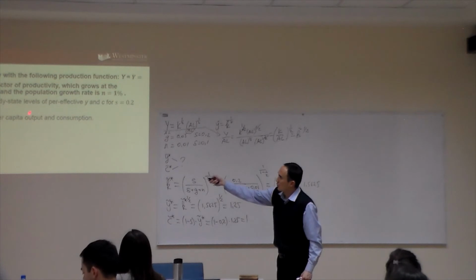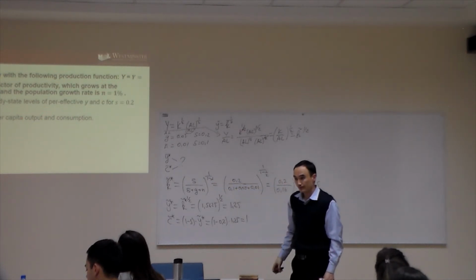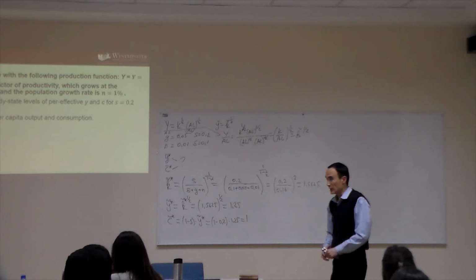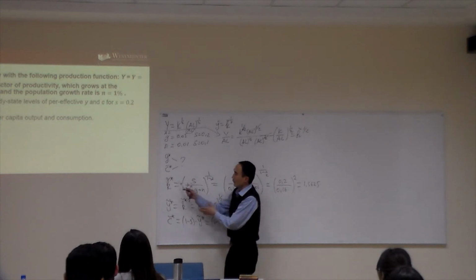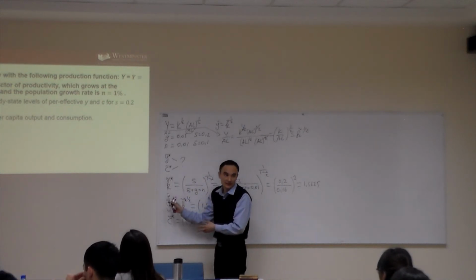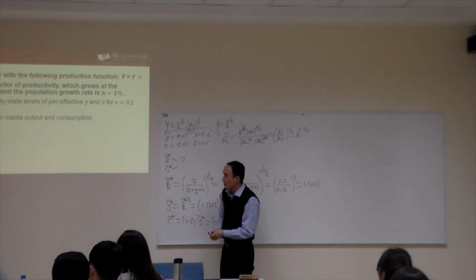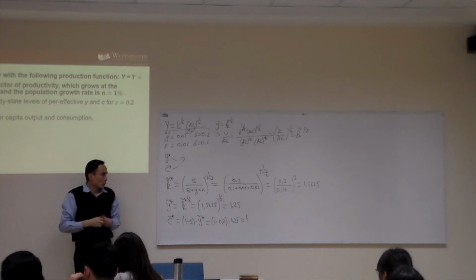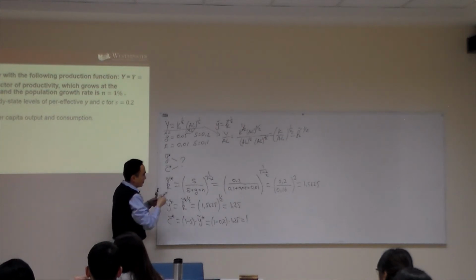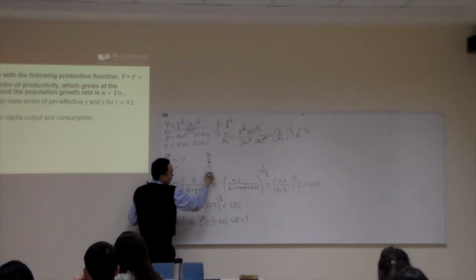Now the next one. What happens to per capita output and per capita consumption? Yes. So now we found the steady state level of output, consumption, and capital per effective labor, right? What about per capita, per worker? What will happen to per worker output, per worker capital, and per worker consumption?